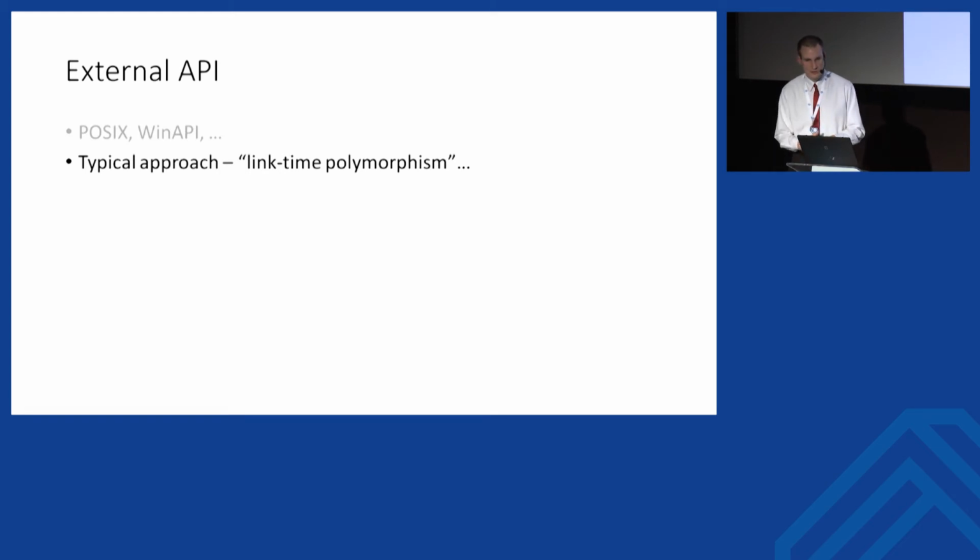The typical approach, at least from my point of view, is to use link time polymorphism. In building tests, you do not supply the ordinary library you would expect for the external library. Instead, you supply your own sources, which implement the same functions, having the same signatures, but in your way.